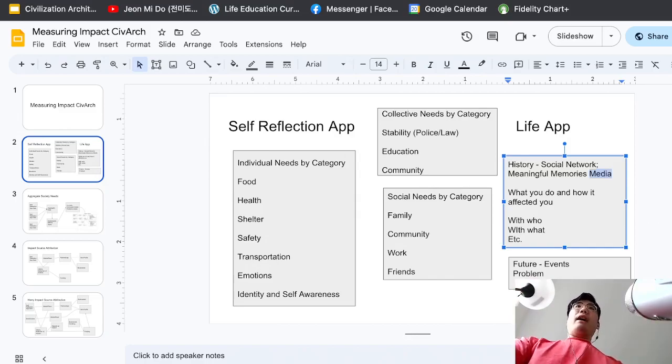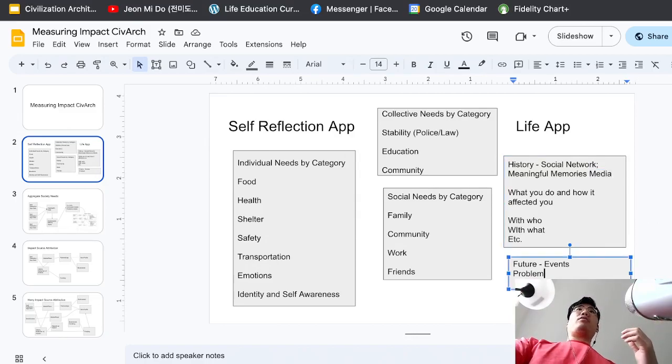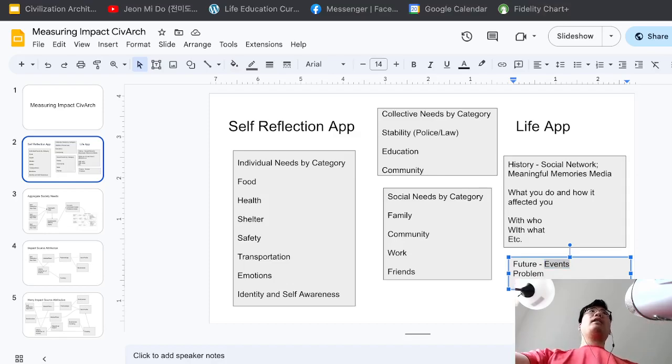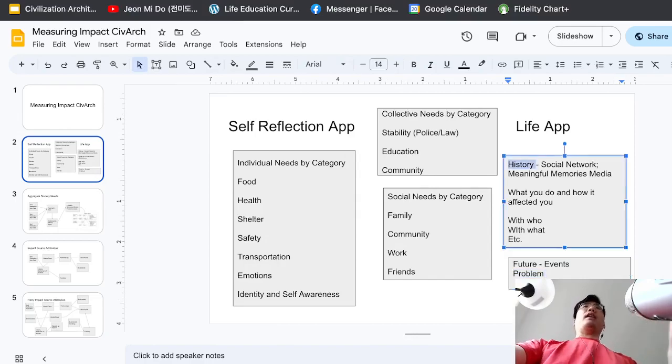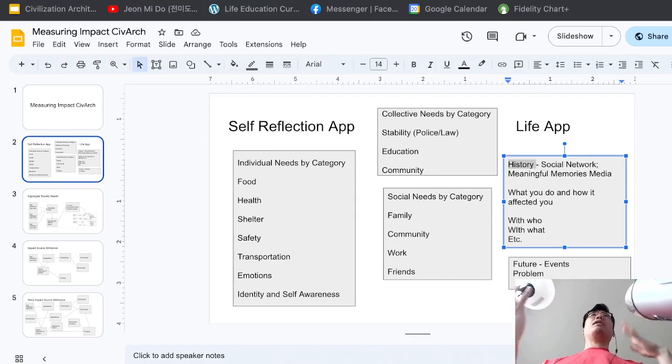Also on this Life app, you will be able to track future events such as an upcoming hike or future problems or present day problems that you are working on to solve them in the future. And once they are solved, then they can move into the past and you can record it as history that you had a problem with, let's say your toilet didn't work, then you got a plumber and eventually they fixed it and then your toilet did work.